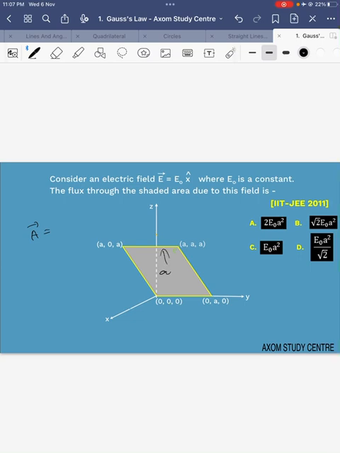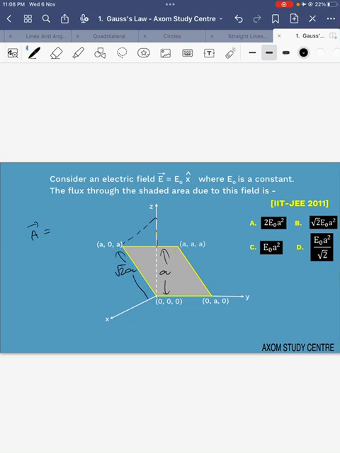This is a, and here you have to draw one perpendicular. Now if you calculate this, you will get here twice of a.